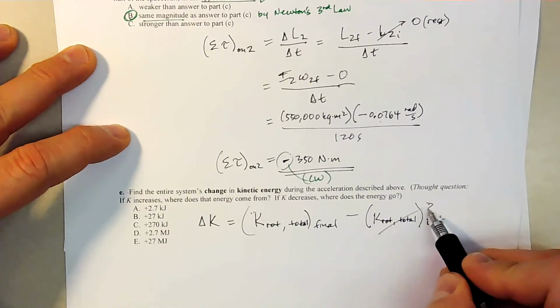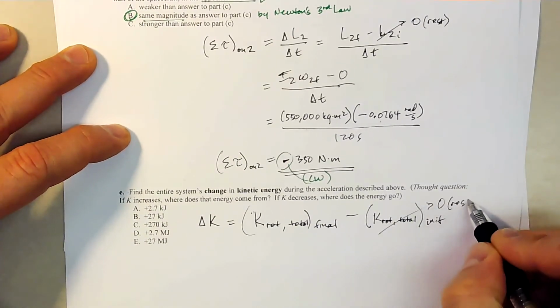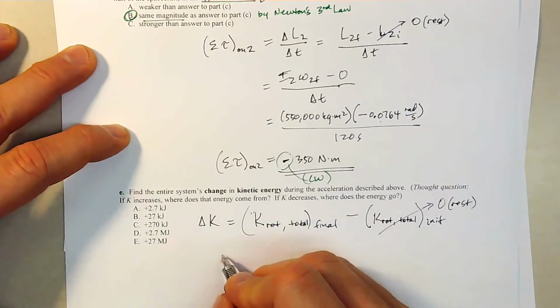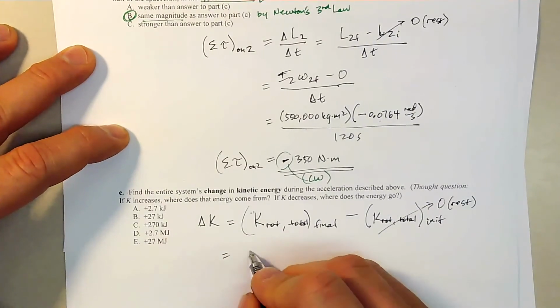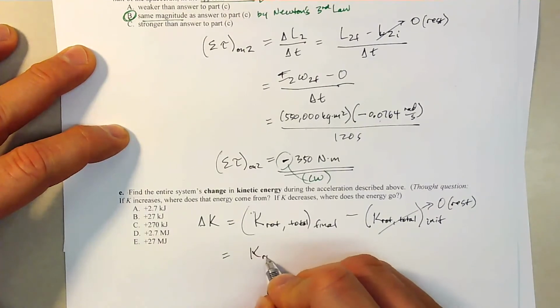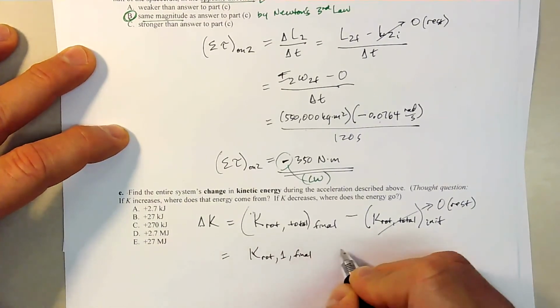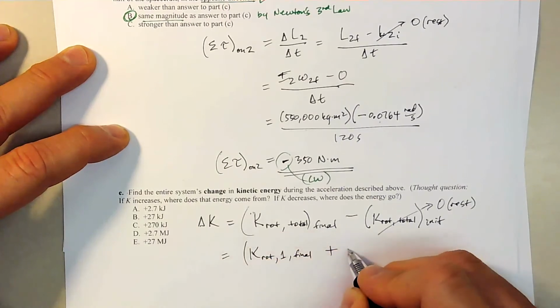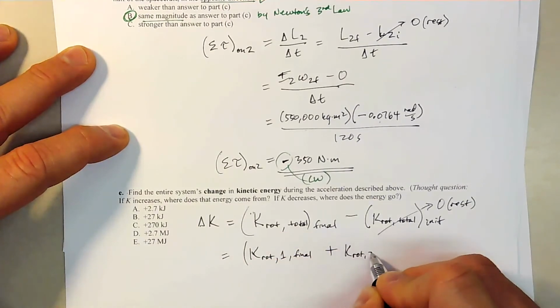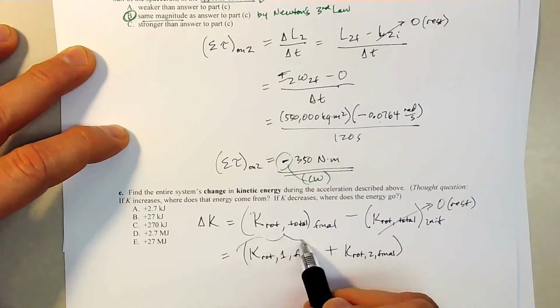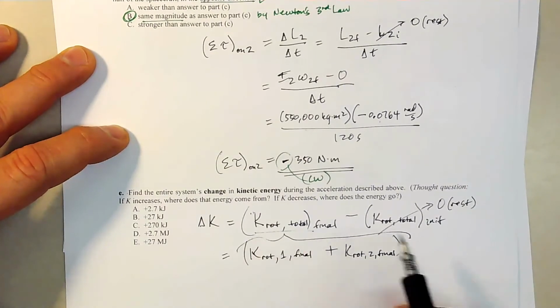We can set this equal to 0 because everything started at rest, so it has no kinetic energy at the start. So this is going to be the rotational kinetic energy of part 1 at the end, and the rotational kinetic energy of part 2 at the end.